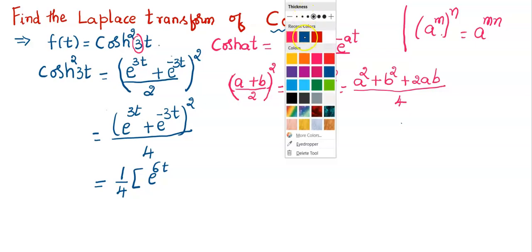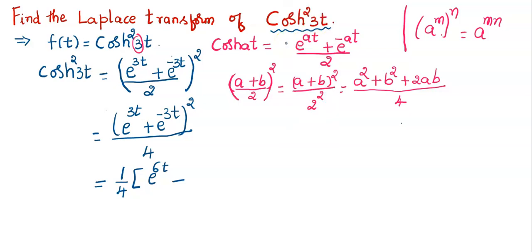Same way, plus b square. Here b is e to the power of minus 3t whole square. We have to adopt the law of indices, a to the power of m whole to the power of n. n is 2, right? So e to the power of minus 6t we can write.